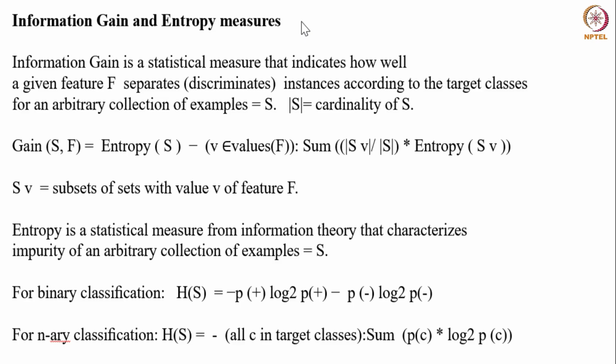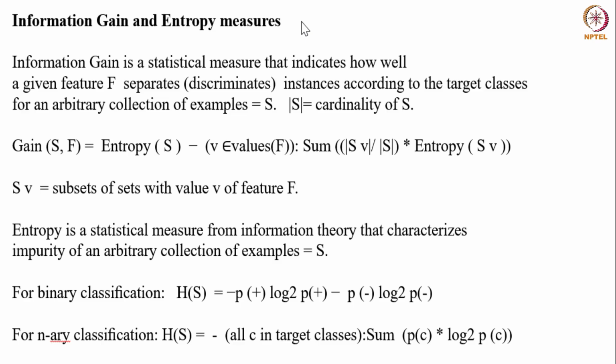And let's look at what happens to the entropy if we do this split. Then we look at the entropy of all the new subsets associated with the split values. So this is essentially the idea of information gain. But first of all, of course, we need a measure of purity or impurity.